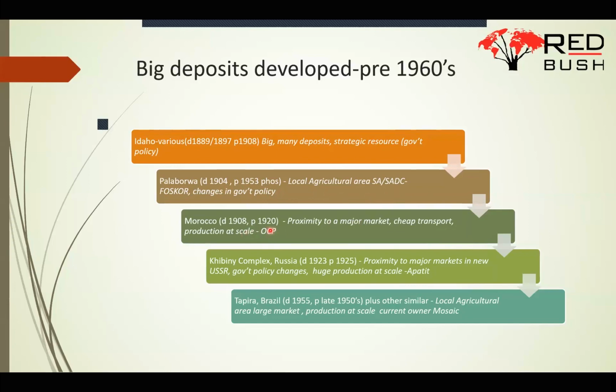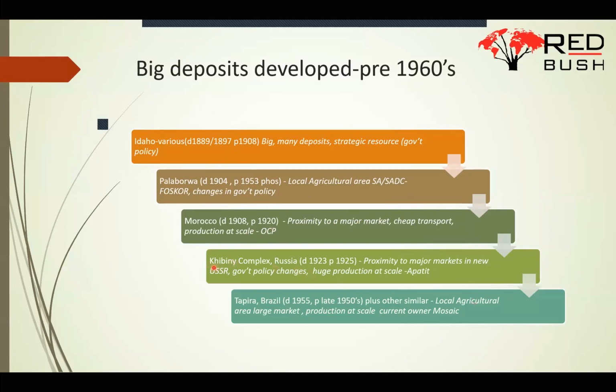The OCP is actually established in 1920. We don't have very good information on what happens before that. But again, with Morocco, it's proximity to major markets. You can put it on a ship and send it anywhere. And they have, of course, a massive scale of production. So they can produce a lot of product at a reasonable price.